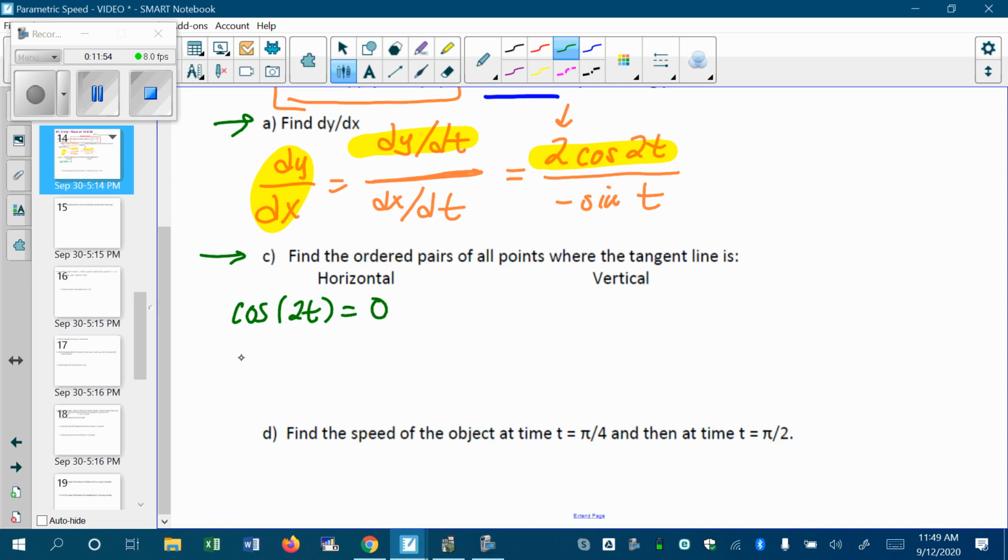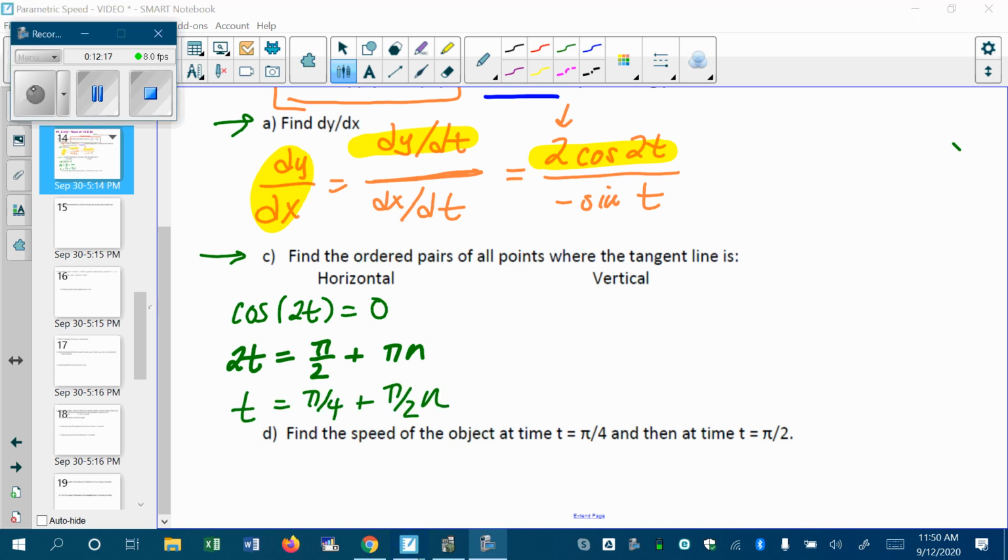So I think about my trig life, and 2t is going to be at pi over 2, top of the unit circle, plus bottom of the unit circle, plus the top of the unit circle, plus the bottom of the unit circle, right? So that's pi units apart, so pi times n. And then because of this 2 over here, I'm going to divide through.